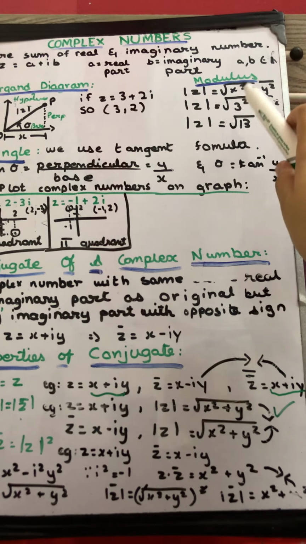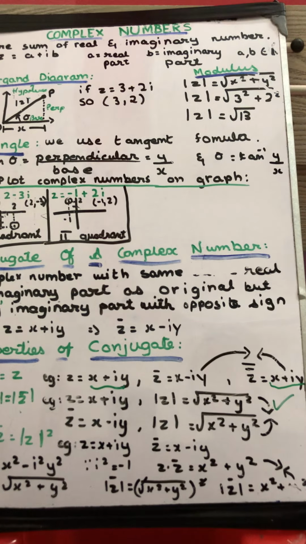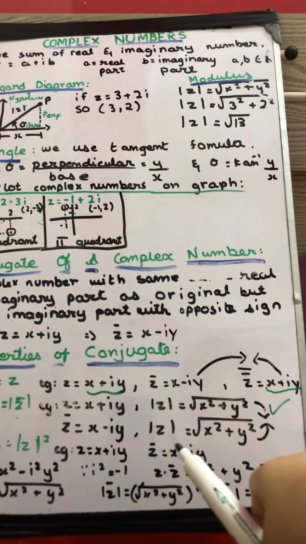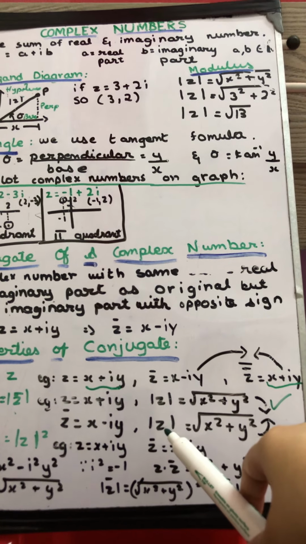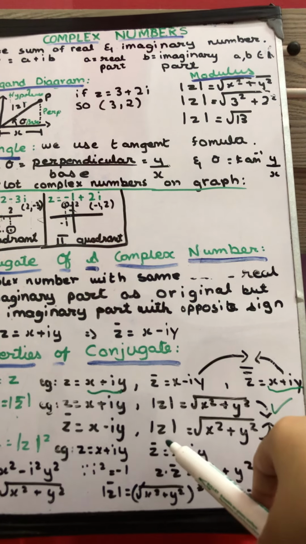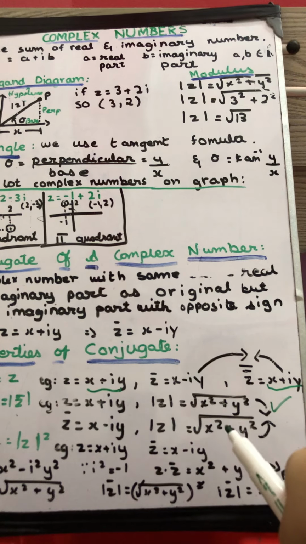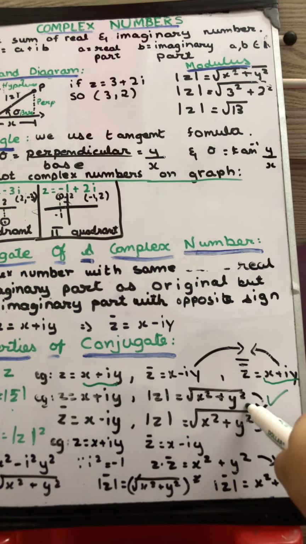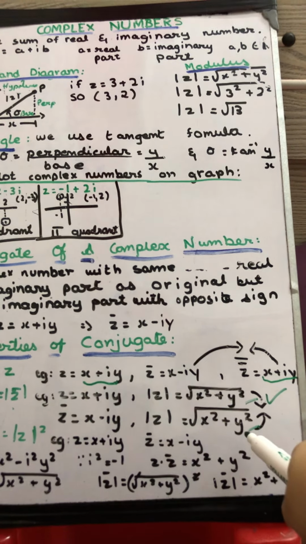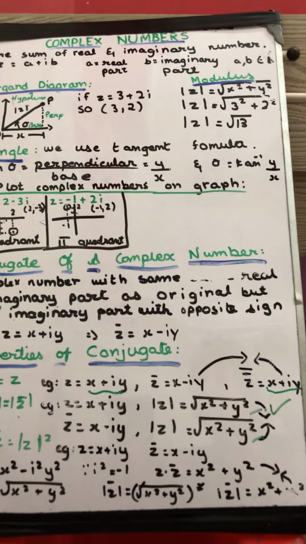It's simple as pie. You add the squares of the real and imaginary parts. Here also we did the same. It became under root x square plus y square, and you can see the results of the left hand side and right hand side are equal. So this property is also true.